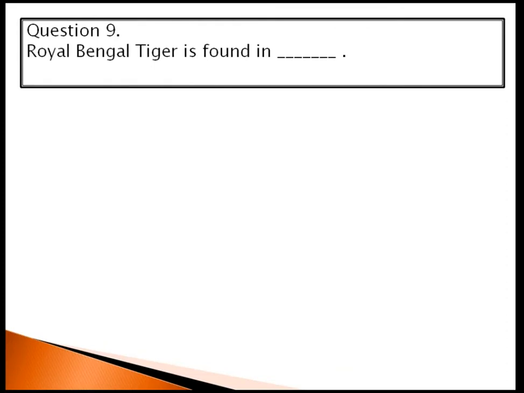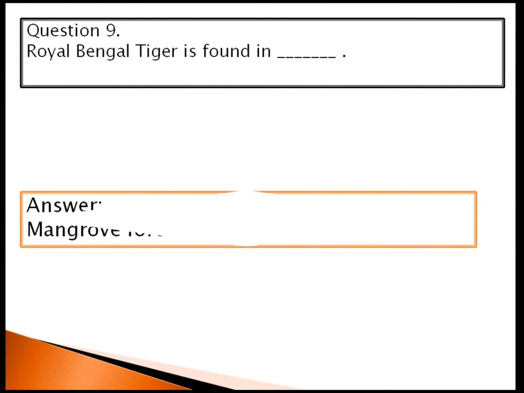The Royal Bengal Tiger, our national animal, is found in dash. As the word is there, Royal Bengal Tiger, you will get the clue quickly. So the answer is mangrove forest.